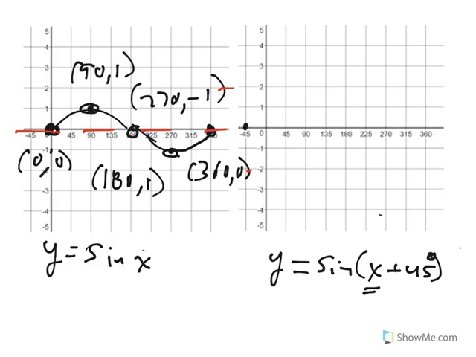So the starting point ends up over here, because you have to put in negative 45 to get sine 0, and 315 would turn into 360, and 135. Having a number here doesn't affect the midline or the amplitude, but it causes a horizontal shift, in this case 45 degrees to the left. If this was a minus sign, it would be to the right.